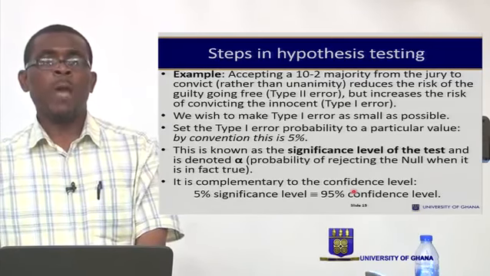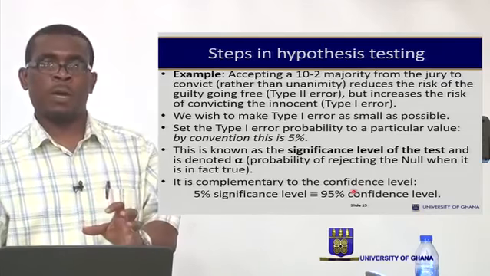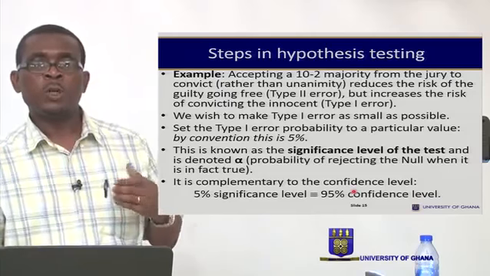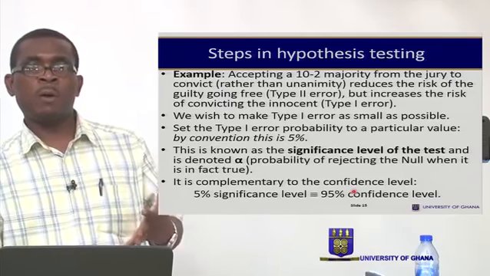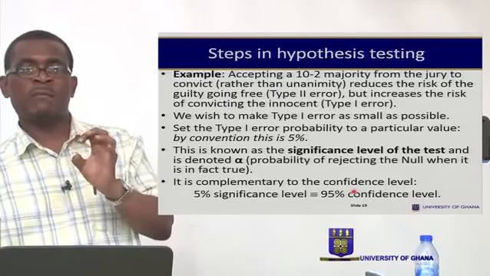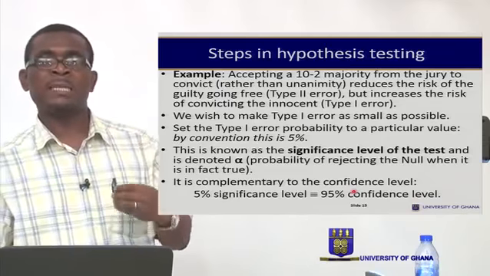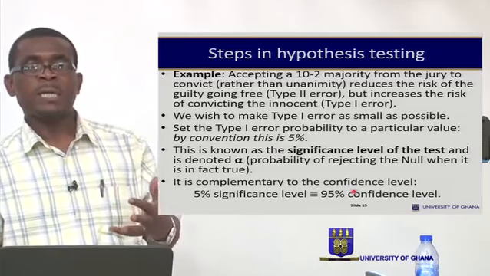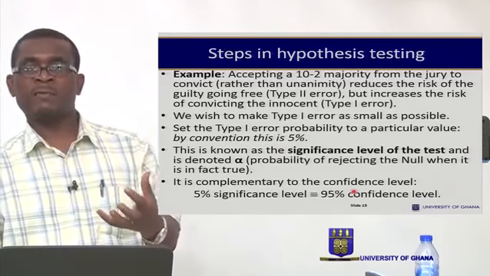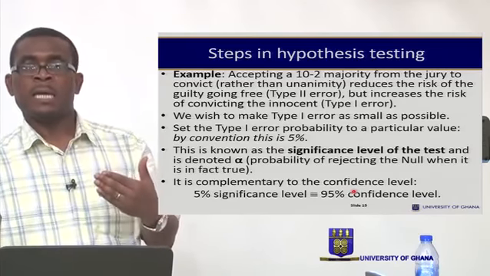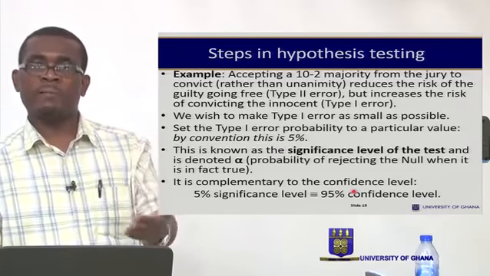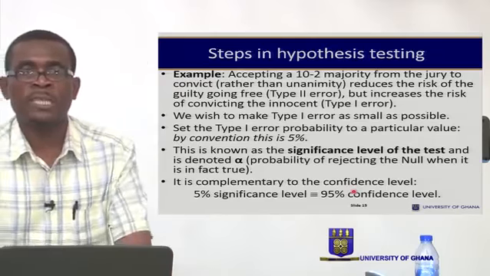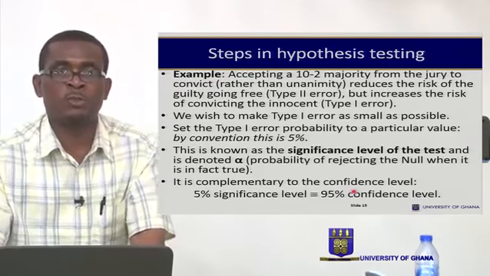Now, we are more concerned with type 1 error, and we wish to make it as small as possible. So we set the type 1 error probability to a particular value. Conventionally, this is 5%. And this 5% is known as the significance level of the test, and it is denoted alpha. So alpha stands for the probability of rejecting the null when it is true.